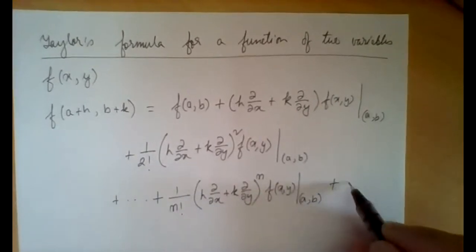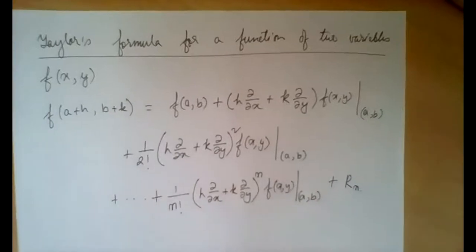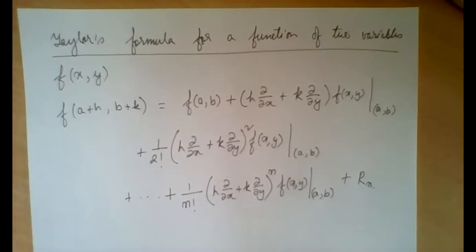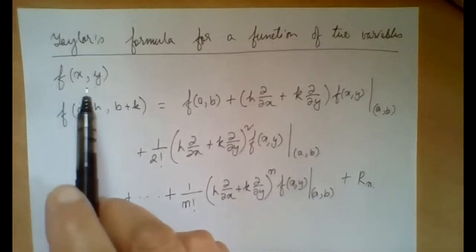plus the remainder R. Earlier we have discussed Taylor's formula for a function of one variable. Now we are discussing Taylor's formula for a function of two variables. Here f is a function of two variables x and y.